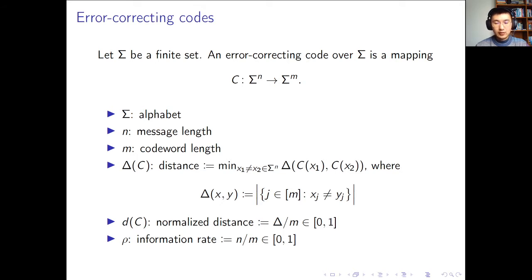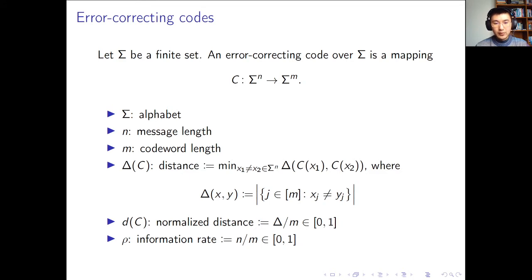It's defined to be the minimal distance between C(x1) and C(x2) over all distinct pairs x1 and x2 in sigma to the n. Here the distance delta is defined to be the number of coordinates where x and y differ. This is also called the Hamming distance between string x and string y.